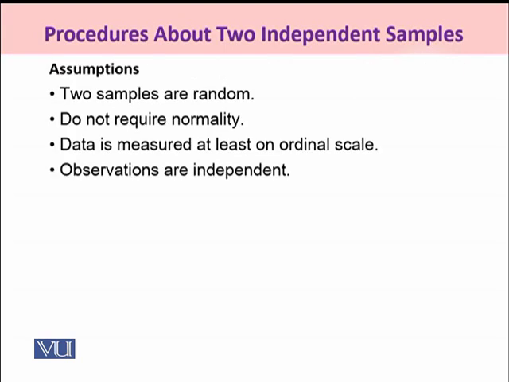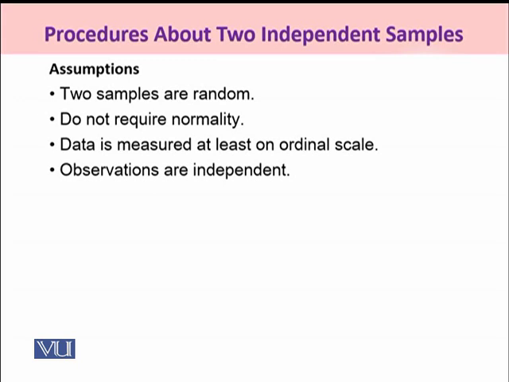test. Now, what are the assumptions that we need to fulfill in order to apply the Mann-Whitney test or the median test? The very first assumption is that the two samples are random. The two samples that we have drawn independently from the two populations must both be random in nature. The next one is that they obviously do not require the normality assumption that we require in the case of the t-test.